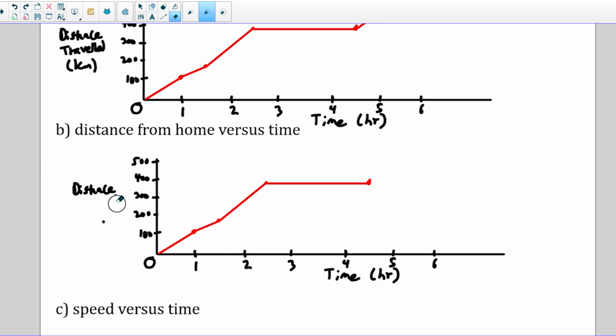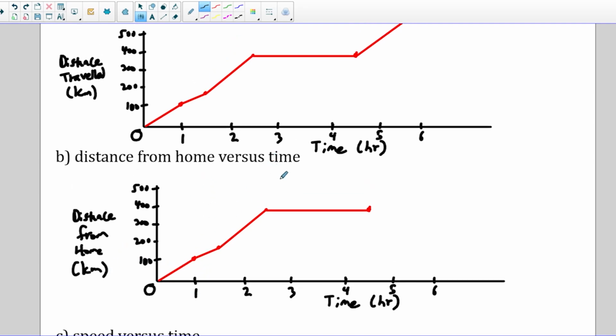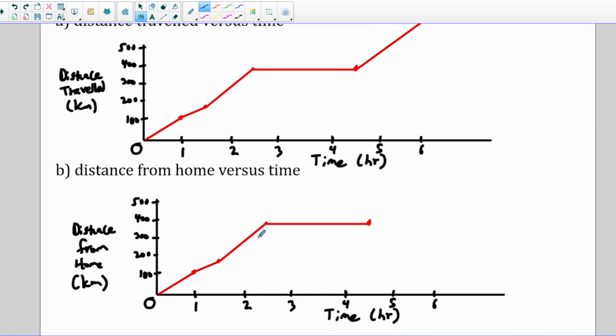Well, if we take a look, we're looking now at distance from home versus time. So let's change this. Distance from home in kilometers. We can see here that her distance from home, if we were to compare the two graphs, is the same. When she travels towards work, she's at work up until 4.5 hours.